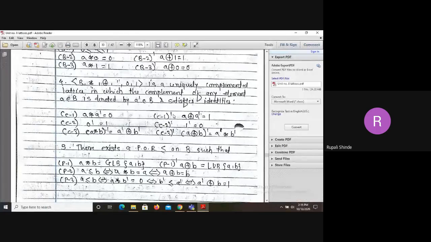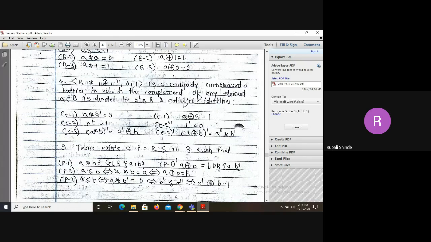And if you perform XOR operation on those two elements, you will get the greatest element, and that greatest element is 1. That's why A is the element and A dash is its complement. So A star A dash is equal to 0, and A XOR A dash is equal to 1.